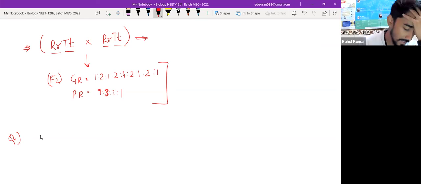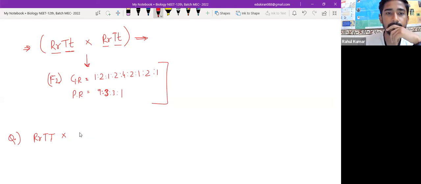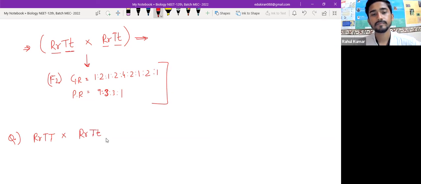If a hybrid round, which is this hybrid round, and pure tall is crossed with another hybrid round and a medium plant. When I say medium, it means that there is an incomplete dominance here, right? You understand?